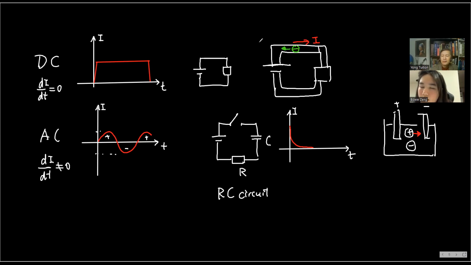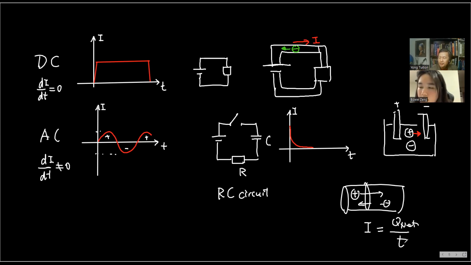The definition of current is this. Maybe you have positive charge moving in that direction, I'm talking about in the liquid, in the solution. And also some positive and negative going the other direction. If these amounts are equal, the current will be equal to zero. The current equals the net charge divided by time. That is the electrical current.